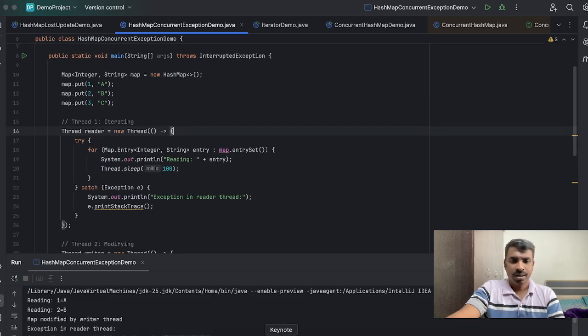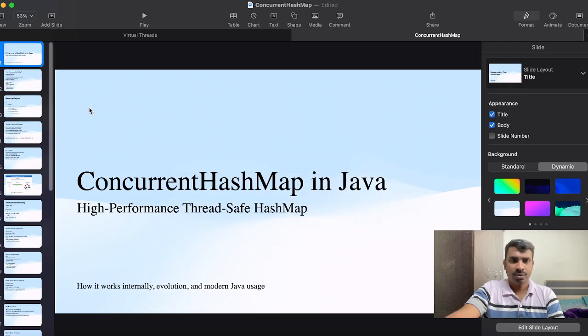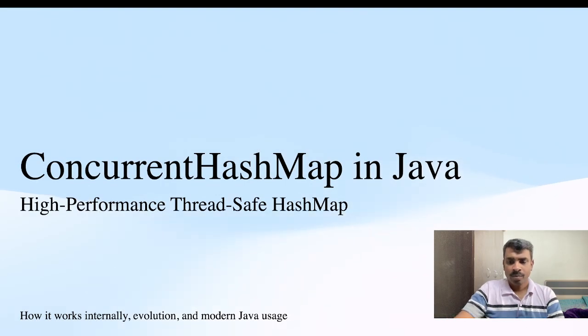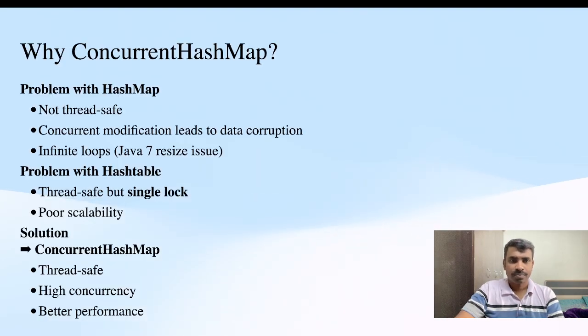Okay, now I will go through some slides. Then I will show you the ConcurrentHashMap demo as well. So why ConcurrentHashMap? The problem with HashMap is it is not thread safe, and concurrent modification leads to data corruption, infinite loops.